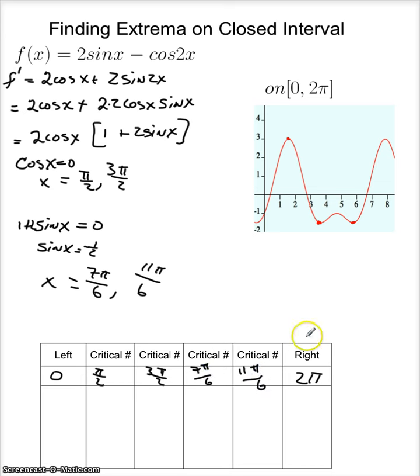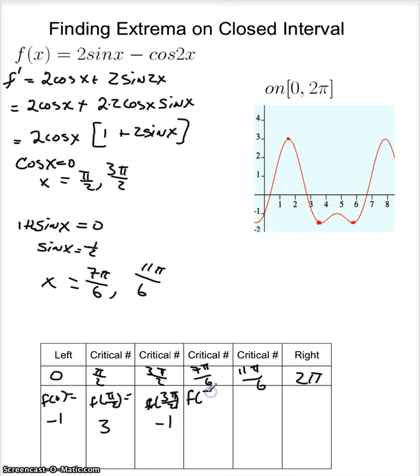Now go on and evaluate these. I've kind of run out of room, so I'll just tell you what the answers are. F at 0 is -1. F evaluated at pi over 2 is 3. F evaluated at 3 pi over 2 is -1.